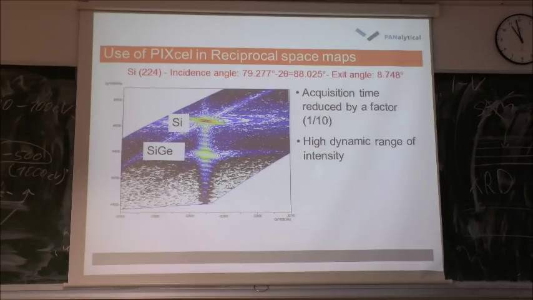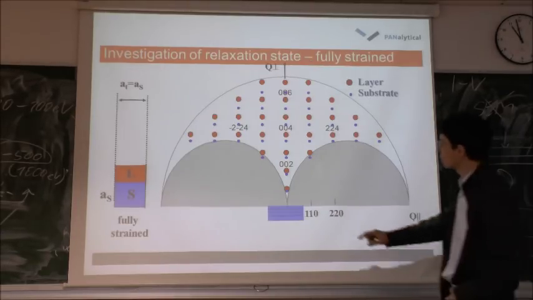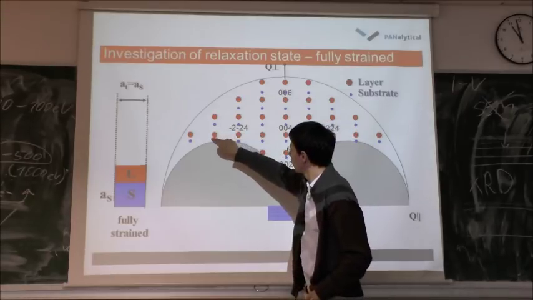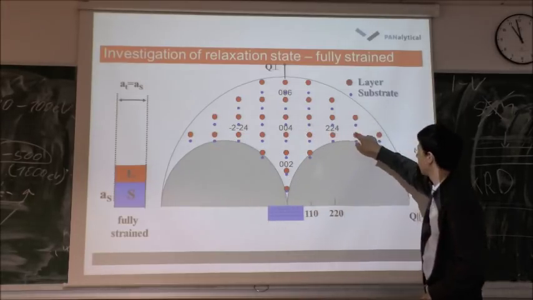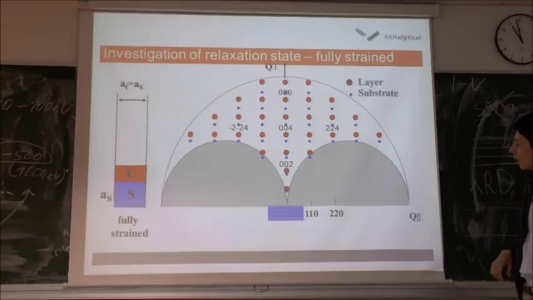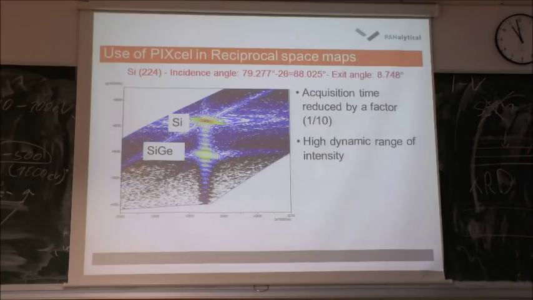Normally we decide for points which are here, for these points. Why is this so? Because at these conditions you can work at very high incidence angle, so very high omega value, and very small exit angle. This is also called grazing exit analysis.